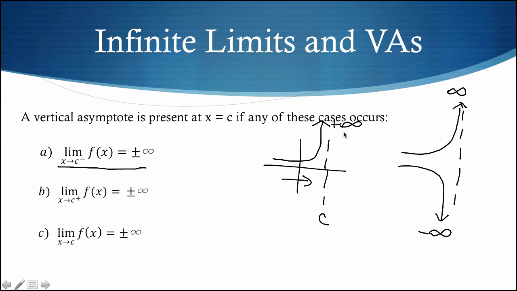These are one of the cases where we said we could say it does not exist, but it'd be better to just say plus infinity. And that's what we're going to be doing in this section. We're just going to be writing these as infinite limits.